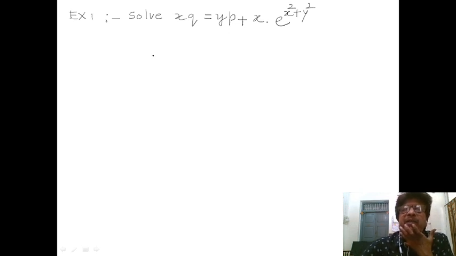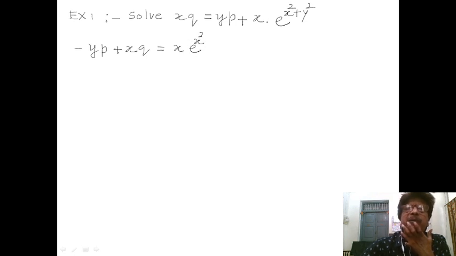At the outset, we see over here that this is of the type Pp plus Qq equal to R. This can be, after rearrangement, written as minus yp plus x times q equal to x times e to the power x square plus y square.